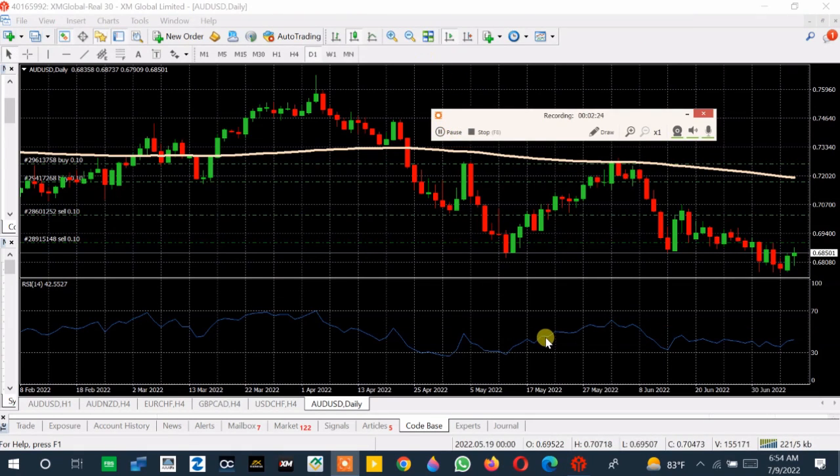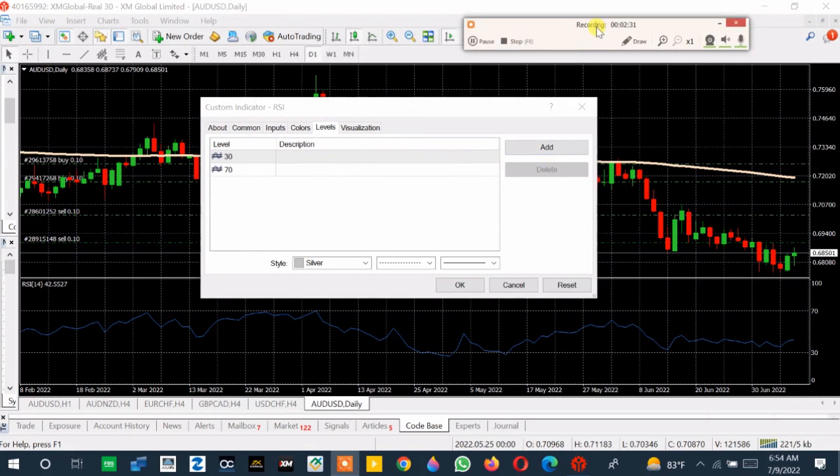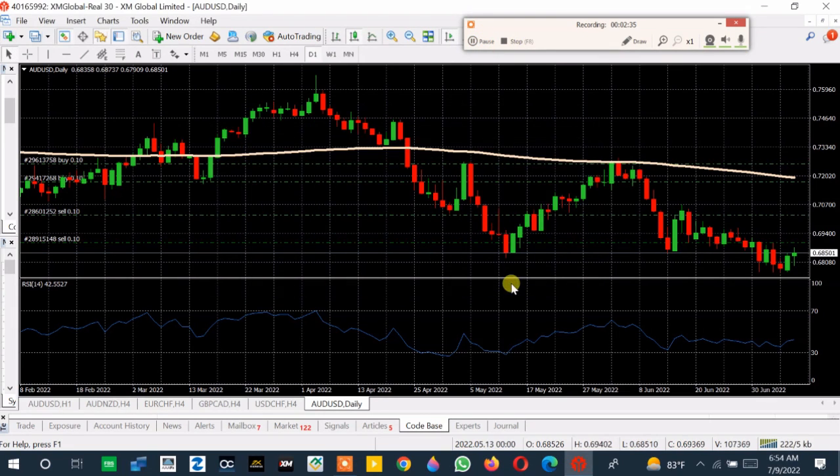This is the default RSI indicator. Now we set it up how we want to use it.